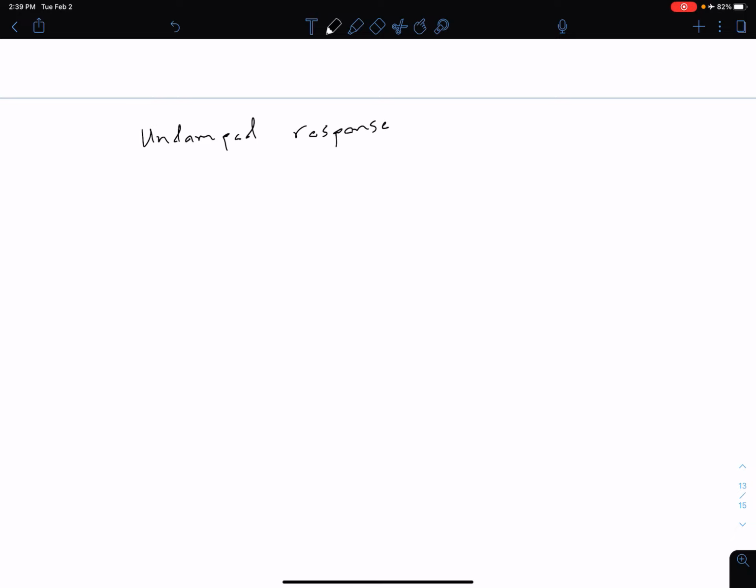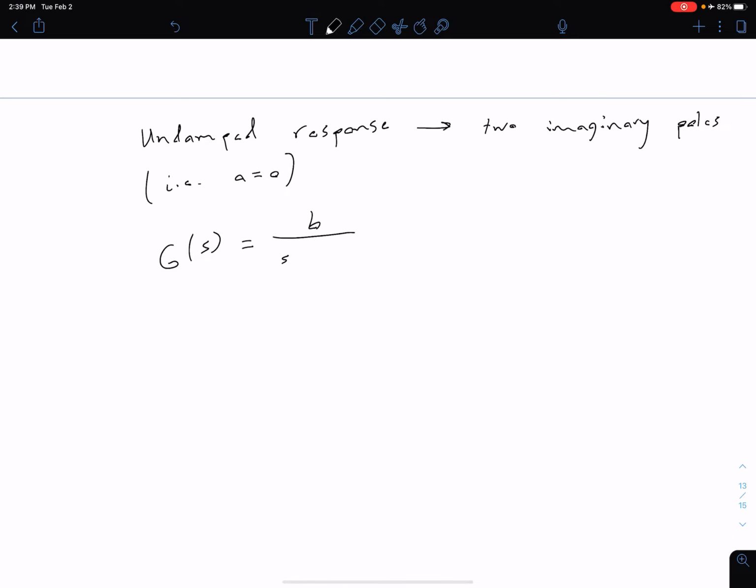We know that this occurs when we have two imaginary poles. Remember, they were on the j omega axis. What that means is that our a is 0, i.e. a is equal to 0. So what we ended up having was G of s is equal to b over s squared plus b. The frequency of the response, which we saw in a previous video, was equal to the square root of b.